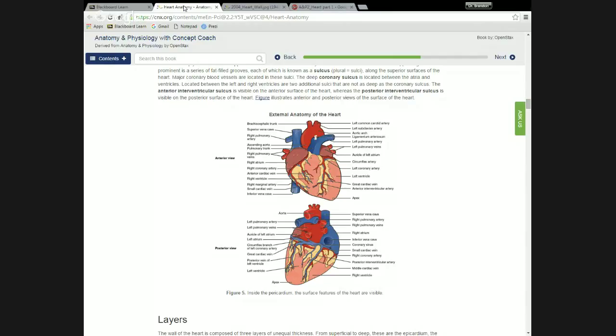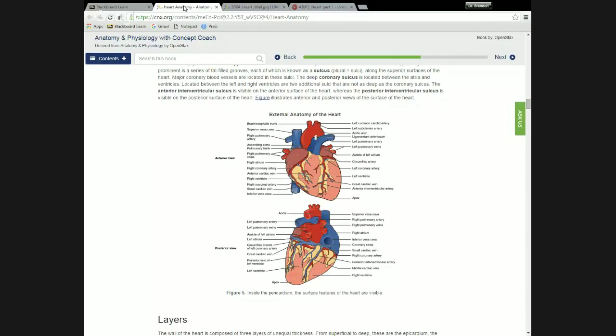They can get nutrients directly from the blood that's passing through them. But the ventricular walls are too thick for oxygen in the blood being pumped by the heart to seep in from the lumen of the heart. So there are coronary arteries on the outside that provide nutrients and oxygen to the ventricular walls.